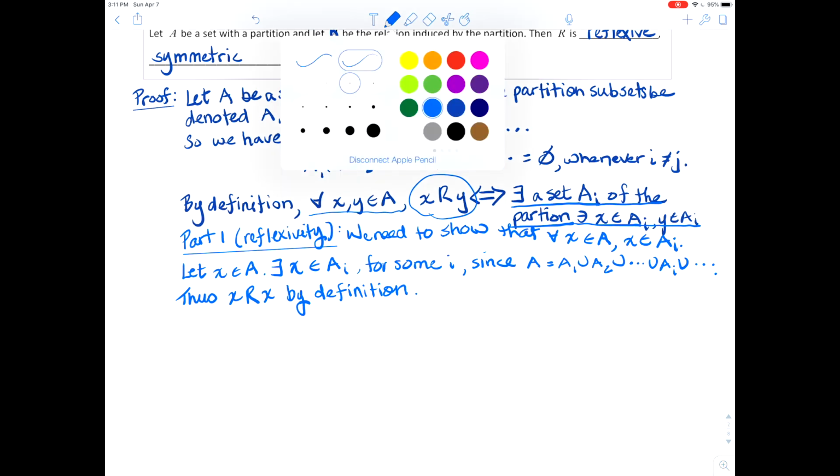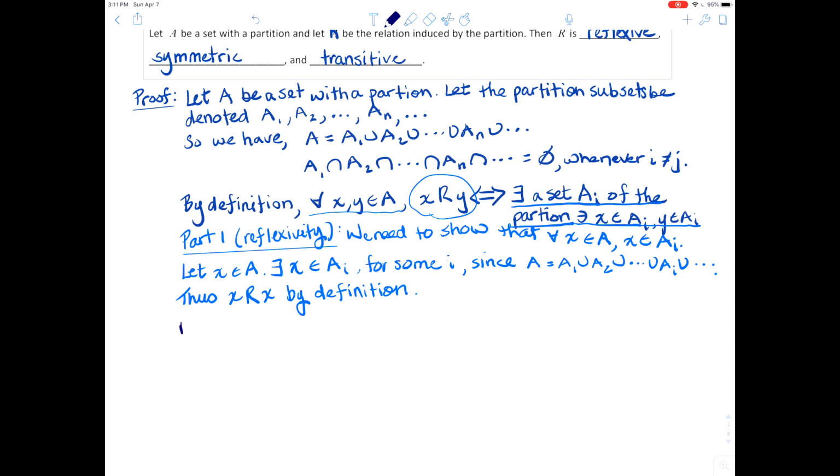So for the next one, we're showing what? Good. Symmetry. So now, what do we need to show? This one's a little bit different, right?